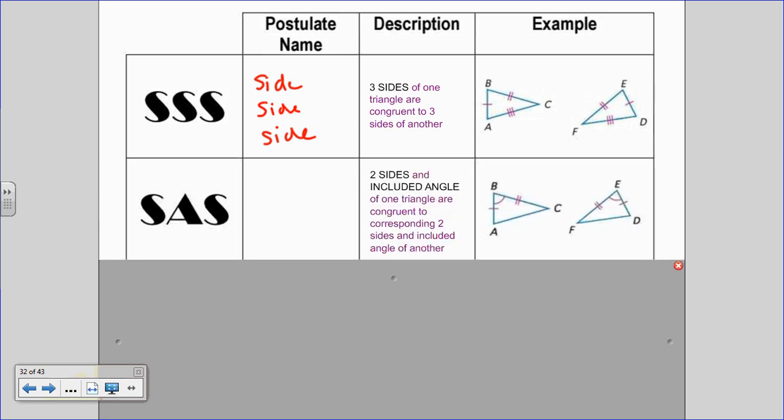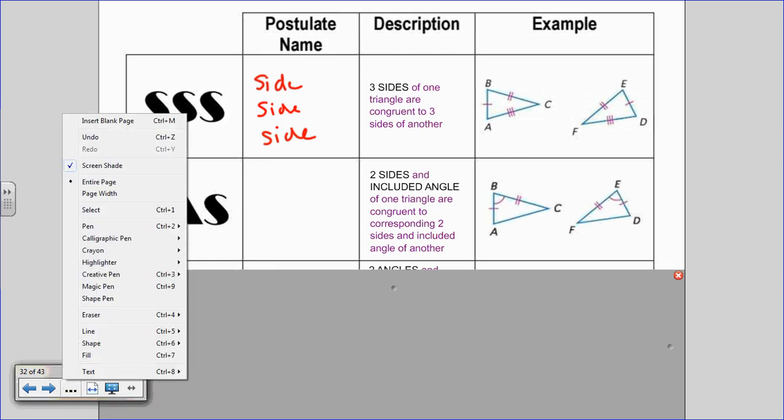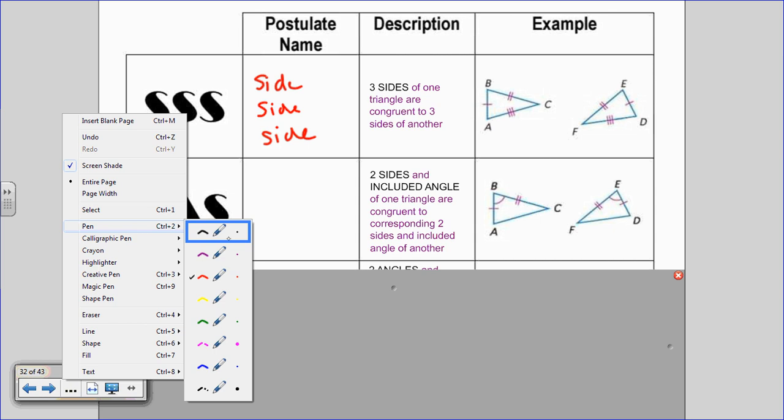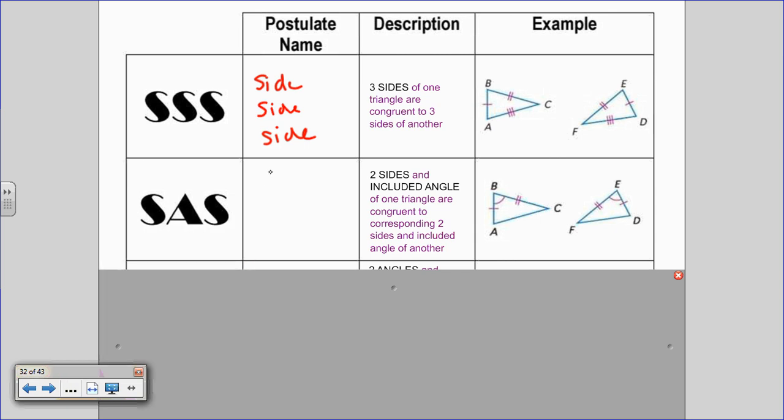The next one is side-angle-side, where you have two sides and an included angle, included meaning it's in between the two given sides.